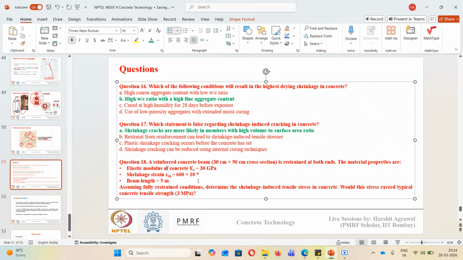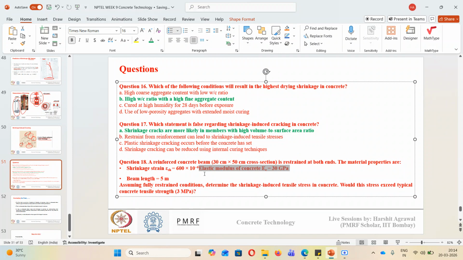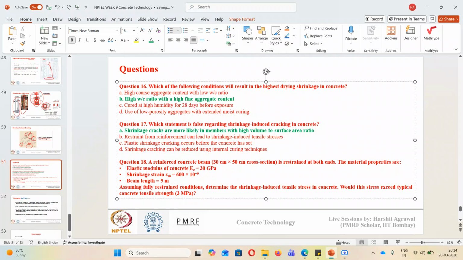And question number 18. You have shrinkage strain and you know the modulus of elasticity of concrete, so you can calculate the stress generated due to shrinkage. If that stress due to shrinkage is more than the tensile strength of concrete, then we can say that concrete will fail.